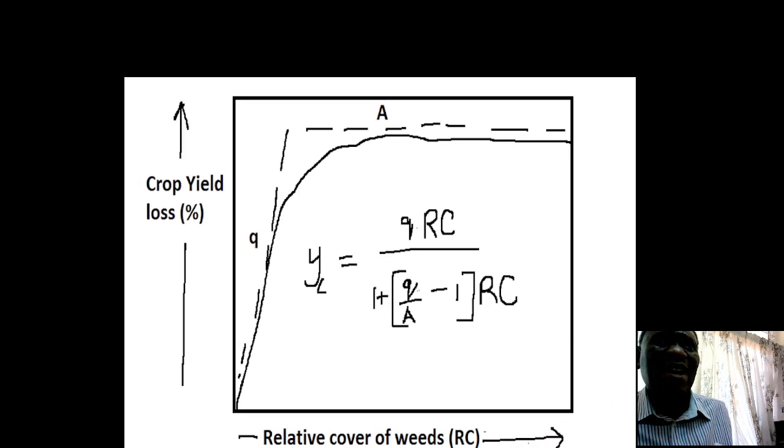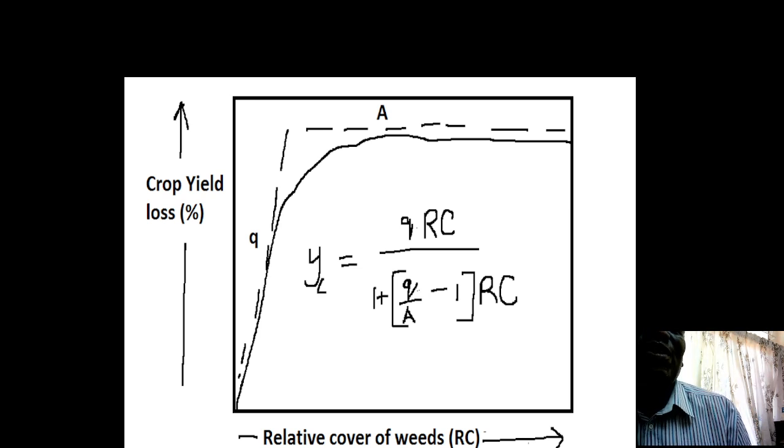And when you draw a graph, you can come up with this kind of thing: relative cover of weeds as the x-axis, crop yield loss on the y-axis. And the equation is yield loss YL is equal to Q times RC, relative cover, divided by 1, in brackets Q over A minus 1 multiplied by RC.